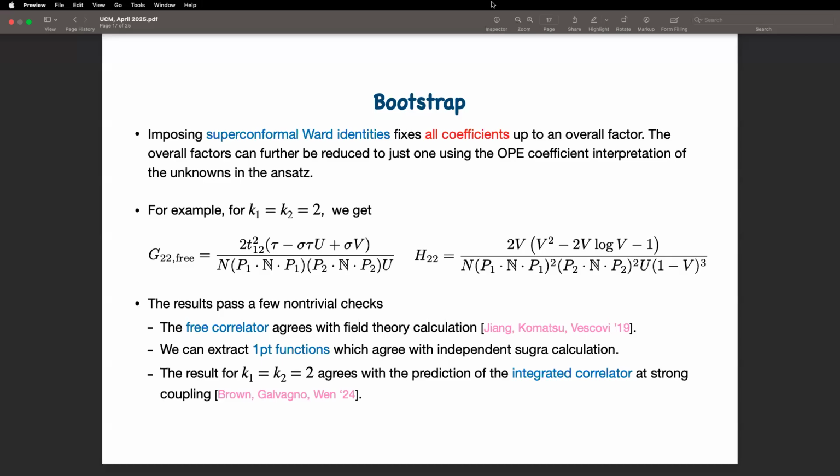Okay. Now, just to give you some idea what the result looks like, I'm showing you here the defect 2-point function for k1 equals k2 equals 2. As we discussed earlier, you can write the result as a free part, which has a very simple rational form, and a reduced correlator.